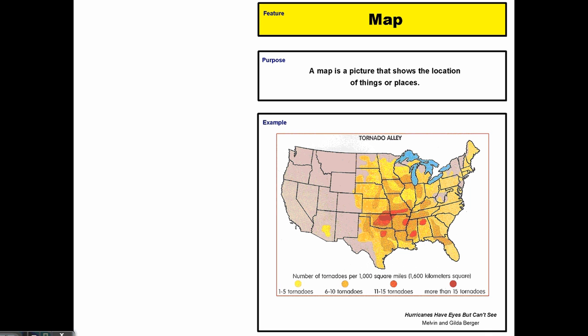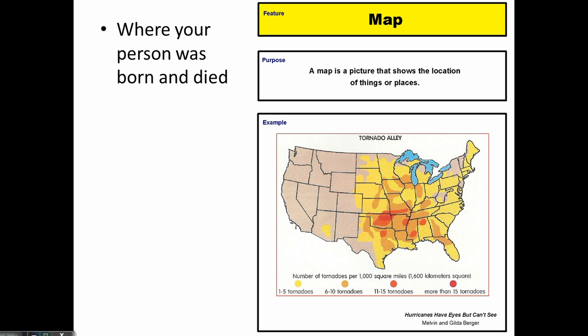A map shows the location of things or places. This map here shows the number of tornadoes that occur across the United States. For this project, you might choose to include a map in order to show where your person was born or where your person died.